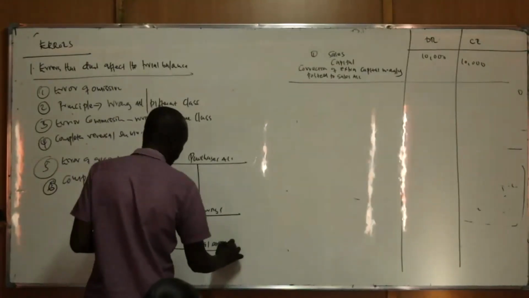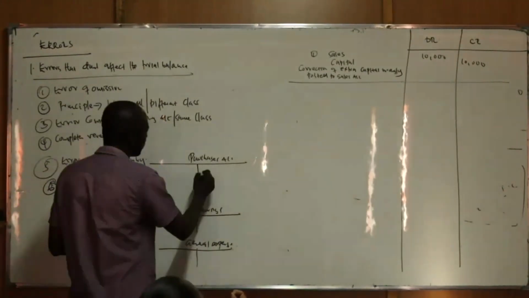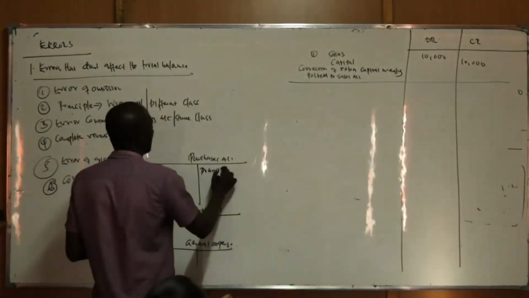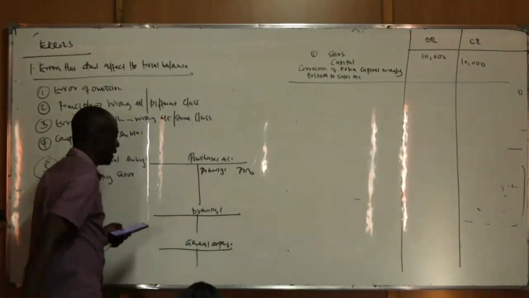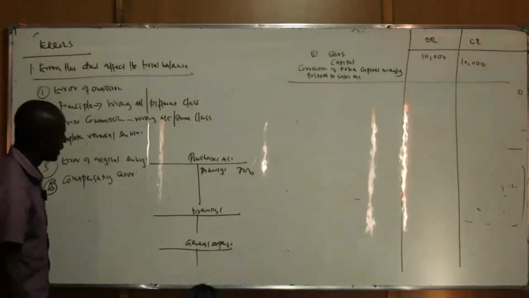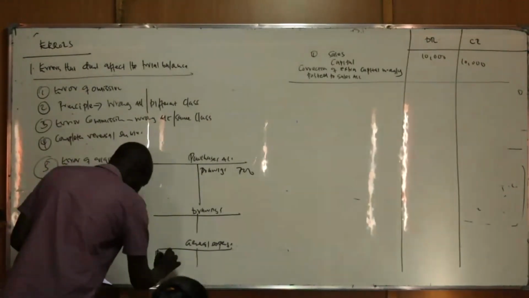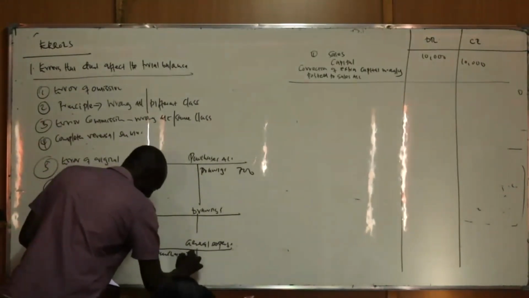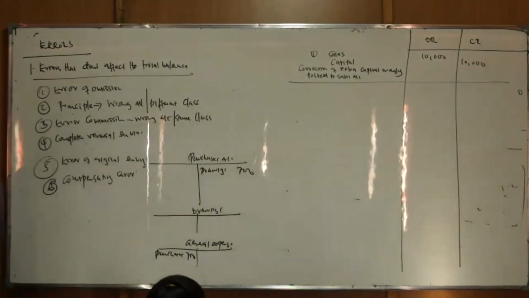When you take goods for personal use, you are supposed to credit purchases, and debit drawings. How much is it? 700, correct? But they did not do that. Instead, they debited what? General expenses. So they wrote here purchases, 700. Instead of debiting drawings, they debited general expenses.